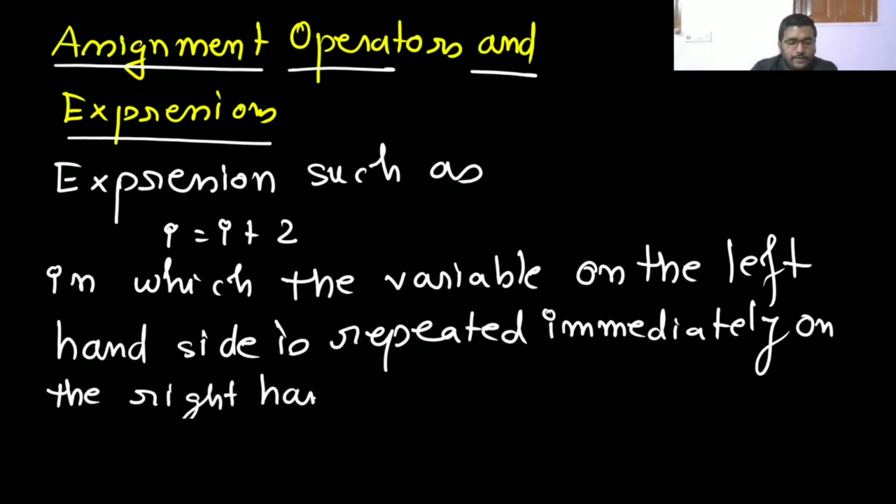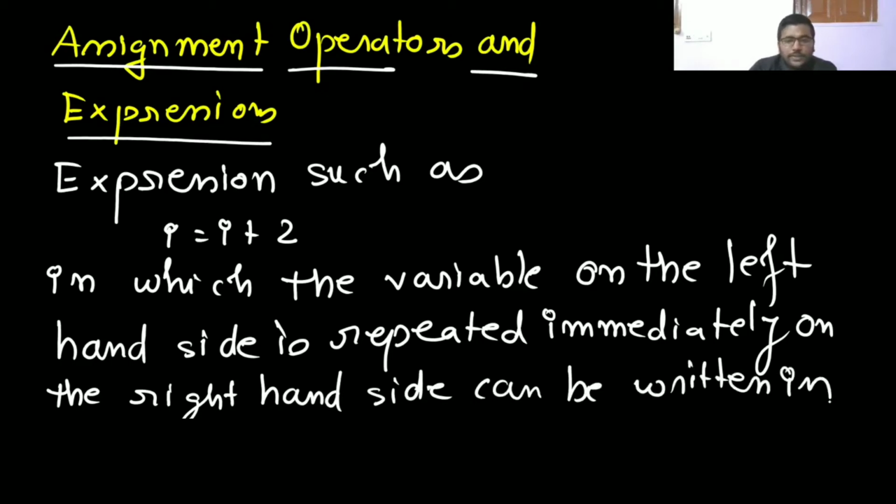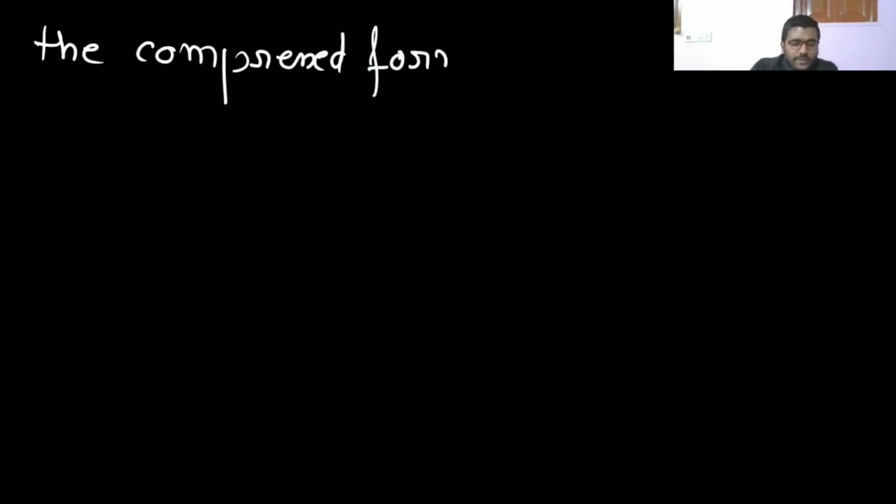The right hand side can be written in the compressed form, that is i plus equal to 2. So you can write it is equivalent to i equal to i plus 2.